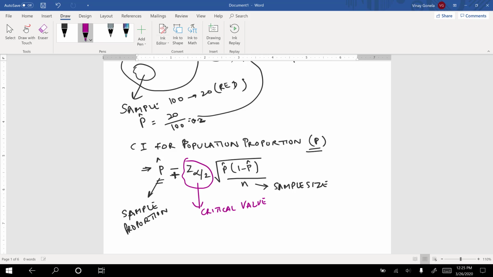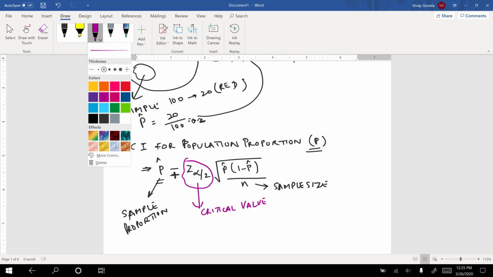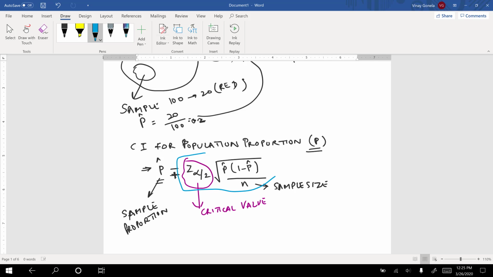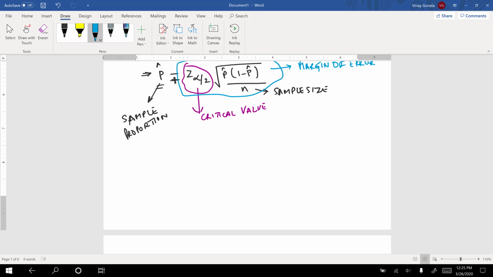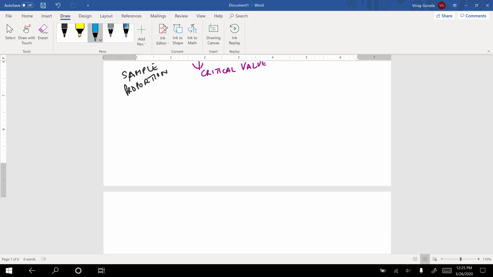And this whole thing is our margin of error. Now that we know each element in this formula, we will try to solve a problem.